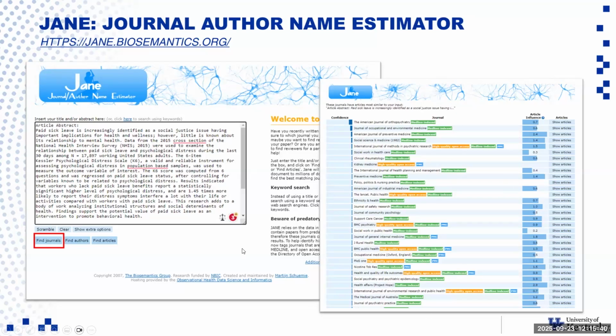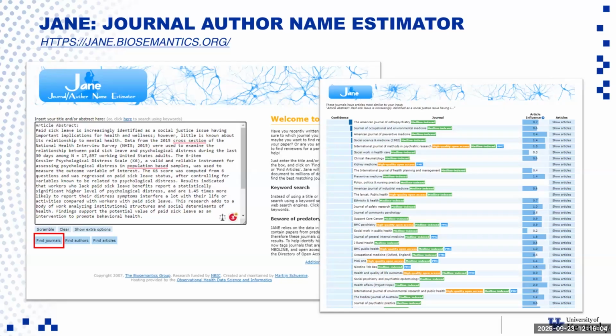Jane first searches for the 50 articles that are most similar to your input. For each of these articles, a similarity score between that article and your input is calculated. The similarity scores of all the articles belonging to a certain journal or author are summed to calculate the confidence score for that journal or author.